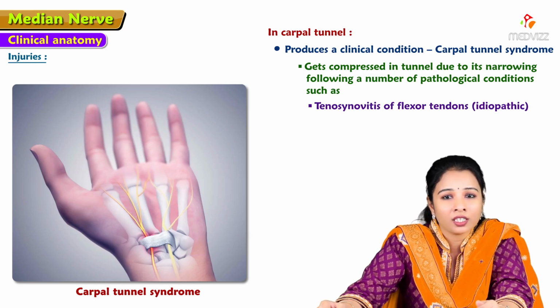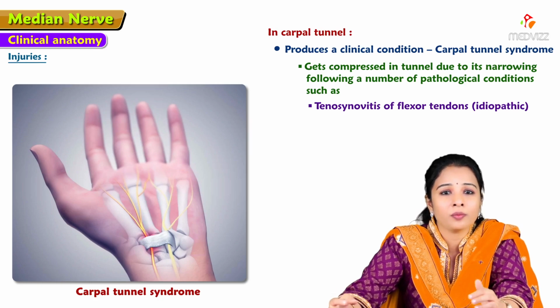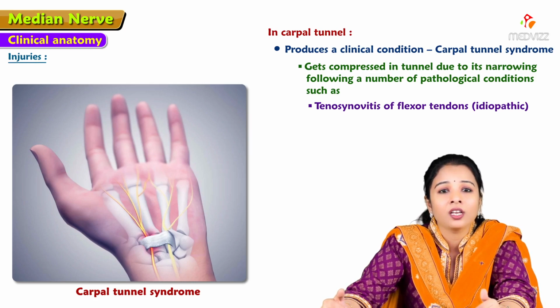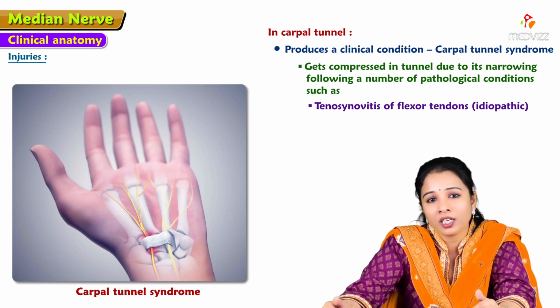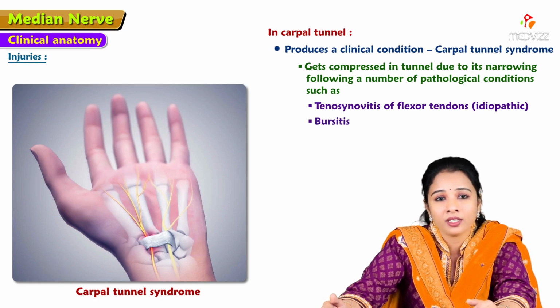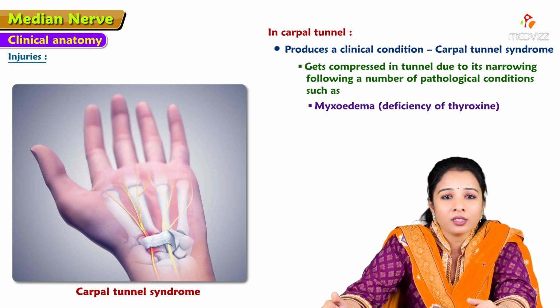tenosynovitis of flexor tendons. The reason may be idiopathic. So inflammation of the synovial membrane around the tendons, that is tenosynovitis, and the bursae around the tendons, the ulnar bursa and radial bursa, may get inflamed, so bursitis may be there, and osteoarthritis of the wrist joint, and myxedema.